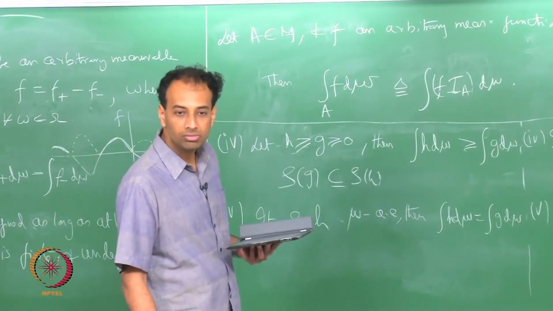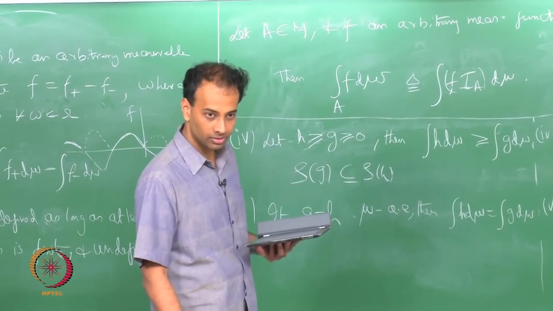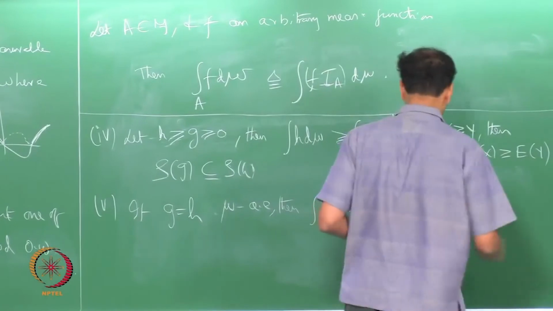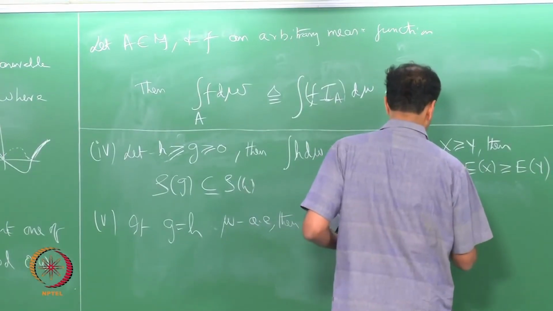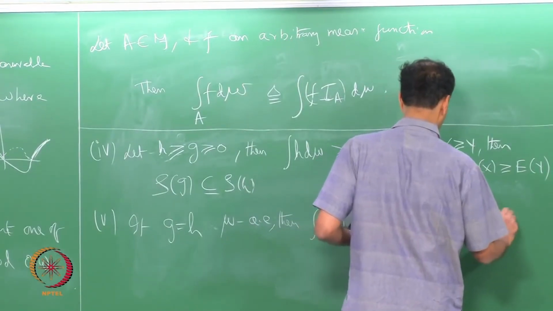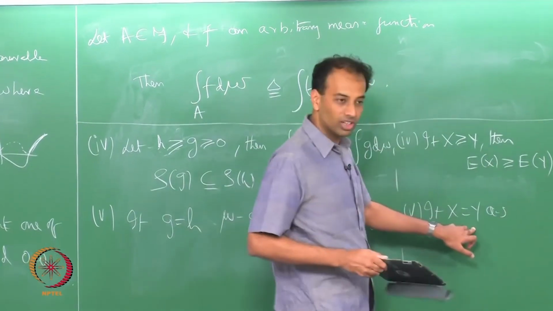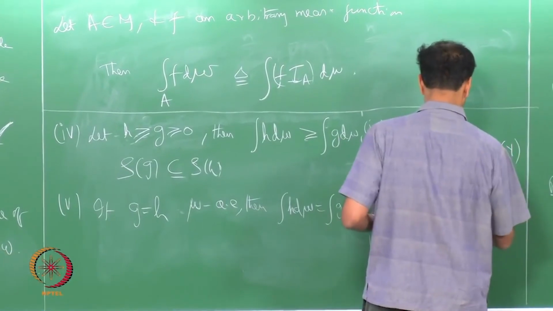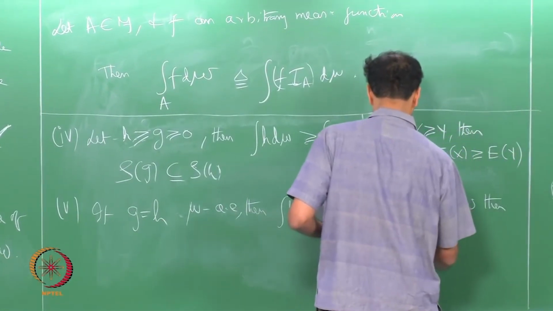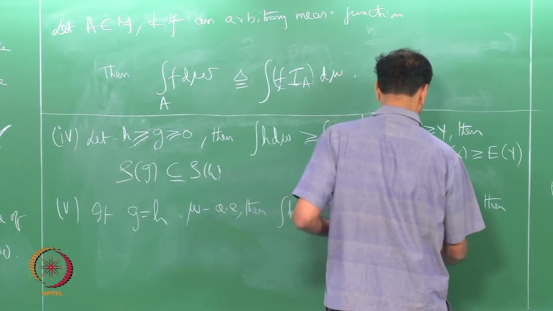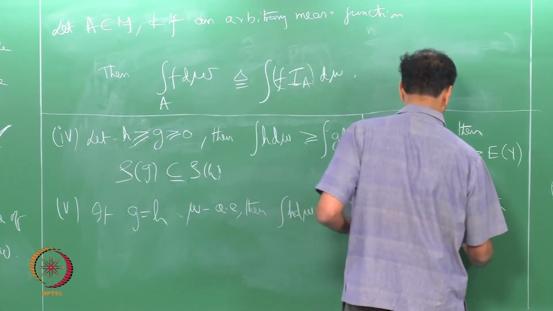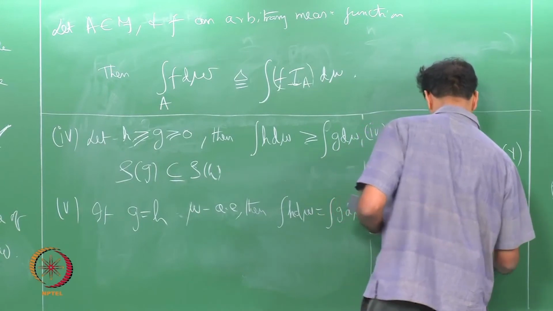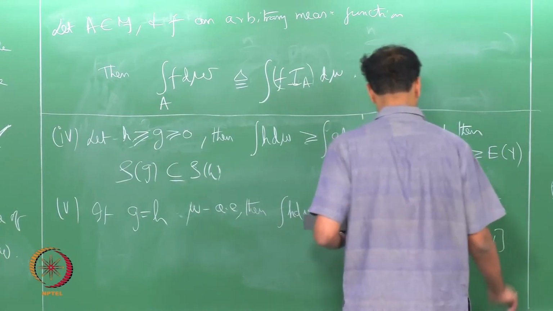If X equals Y almost surely, which means that they only differ on a set of probability 0, then the expectation of X equals the expectation of Y.